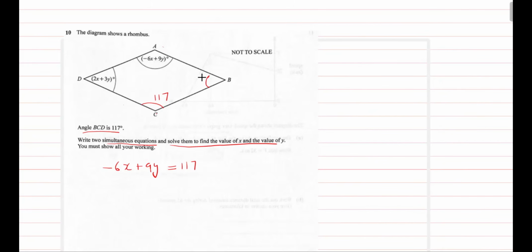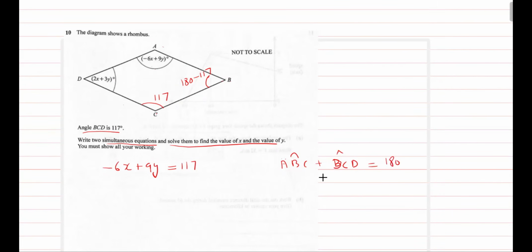Opposite angle ABC will be equal to 180 minus 117, because angle ABC plus angle BCD are two co-interior angles and will be equal to 180.